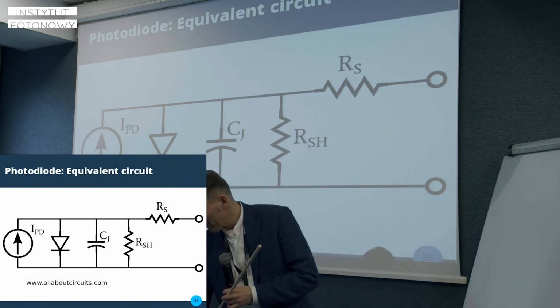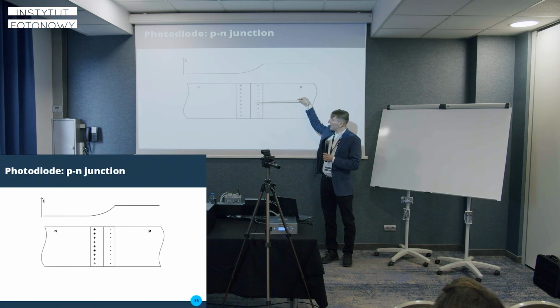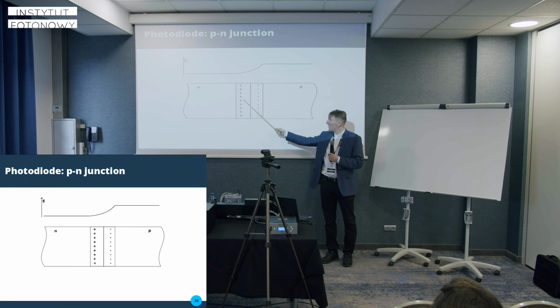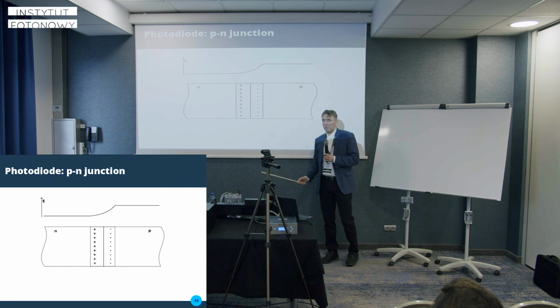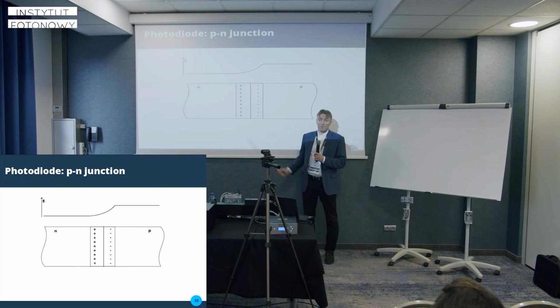So, the photodiode. This is a PN junction, and it also has this light-sensitive part, which is this part void of carriers. It still has ions, positive on the N side and negative on the P side, but they are not movable. They are there for good, but there are no carriers. Because of that, there is also an electrostatic potential that prevents electrons from going here.